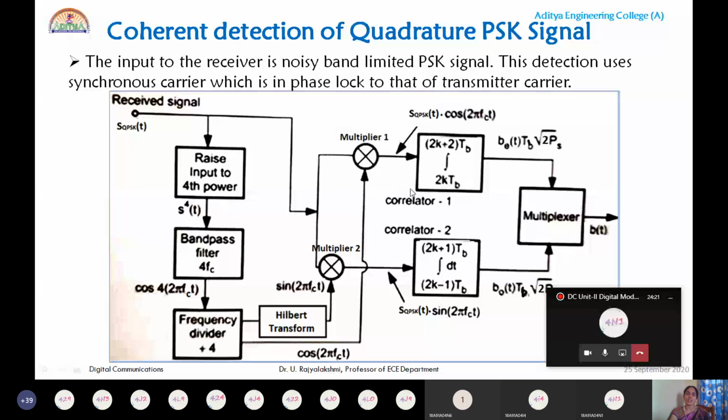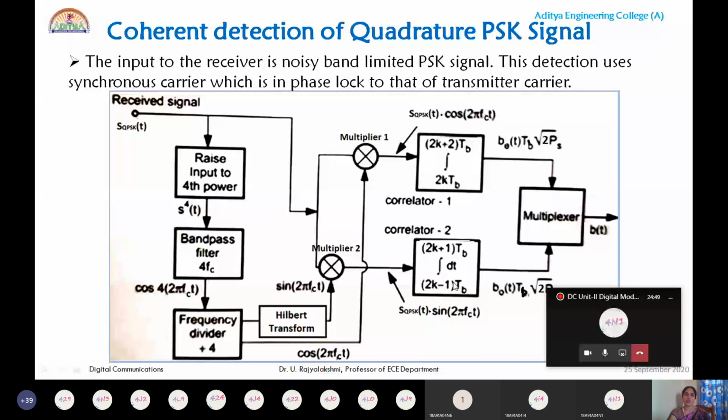Here correlator 1 and correlator 2 both possess a multiplier followed by a low pass filter. In BPSK we have only one section, one correlator, but here QPSK is a combination of two BPSK receivers and two BPSK transmitters. So that's why you are using one correlator in the I channel and another correlator in the Q channel.